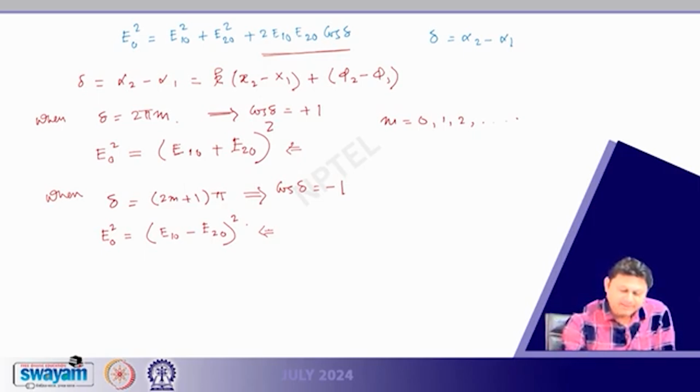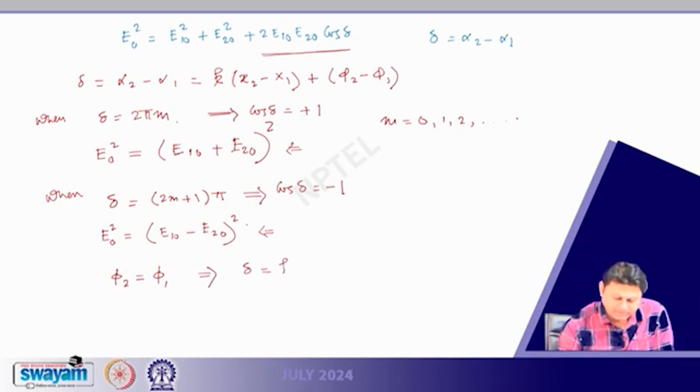So inside the delta, we have two phases and this k(x2 minus x1) term. If, say, we forget about the phase terms and take these two phases the same, so the two waves coming out from a point have the same phase, then if phi 1 is equal to phi 2, delta is simply defined by k multiplied by (x2 minus x1).